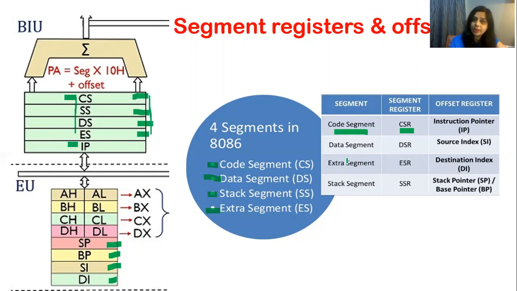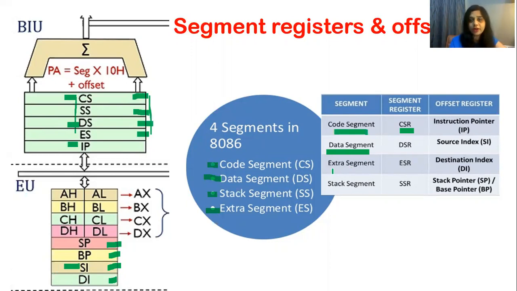If we want to access the data segment, then the combination is fixed. We have to use DSR, that is the data segment register, and the source index register. That means DSR will hold the base address and SI will hold the offset.